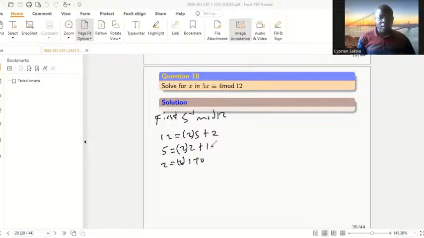So now 1 is the GCD precisely, and we reverse. Begin with this equation. Make 1 the subject. 1 is 1 multiplied by 5 minus 2 multiplied by 2. But instead of 2, we write this.